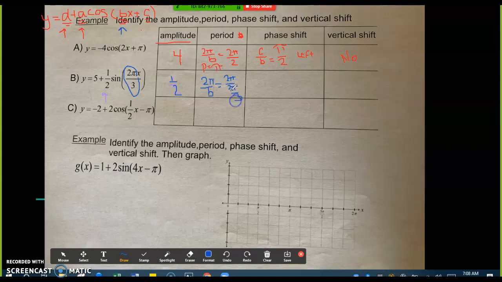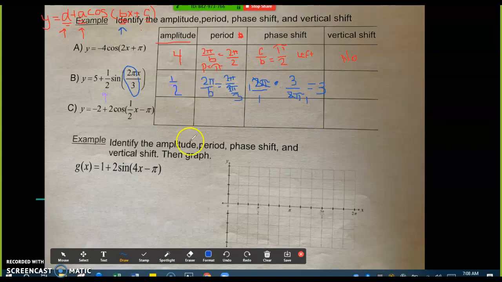But remember, that's just keep, change, flip. So I got 2 pi. I'm going to change to multiplication. I'm going to flip the fraction, so this is really 3 over 2 pi. So when I multiply this across, the 2 pi's cancel, and I end up with just a 3.